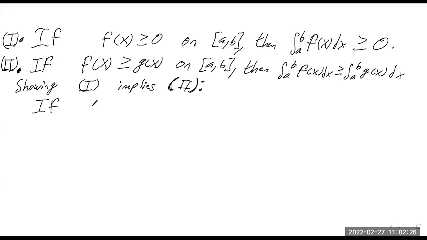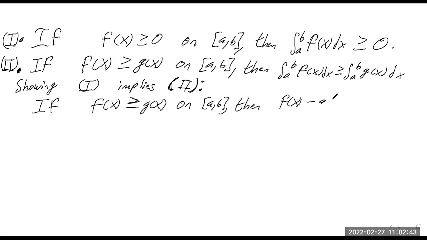So for 2, let's suppose that we have f to be bigger than or equal to g. Then what does this mean about the difference? Well, essentially what I did was just subtract g(x) on both sides of this equation.